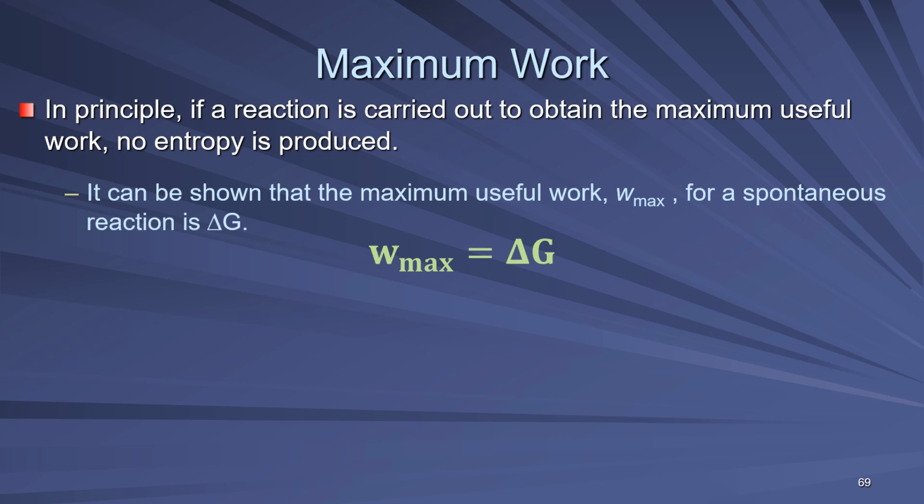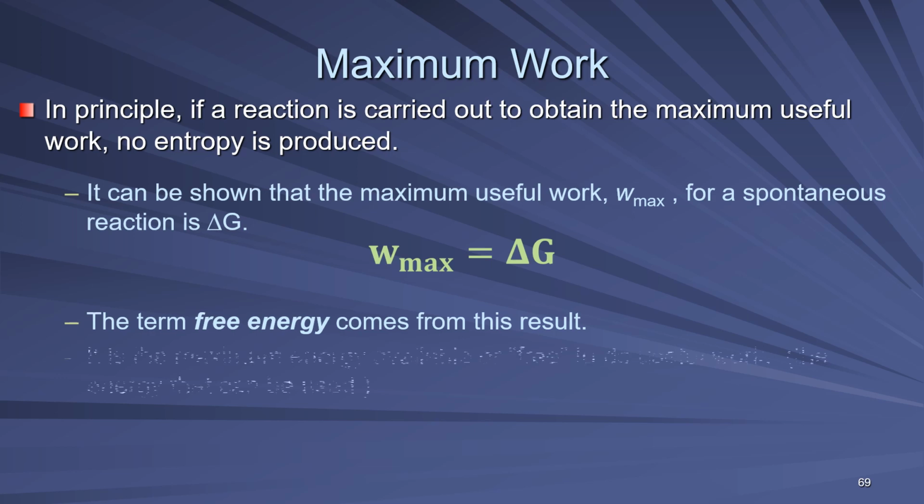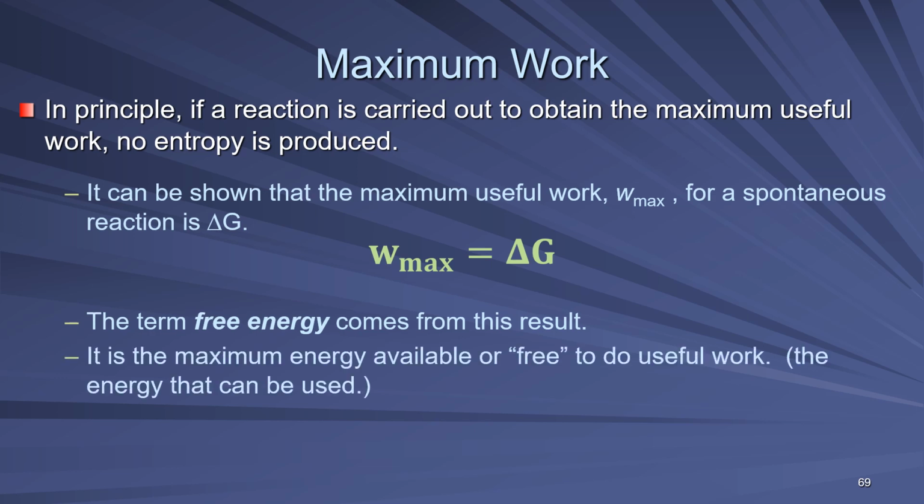So for a spontaneous reaction, the most work that we can get out is equal to delta G. And so that's where the name Gibbs free energy came from, because it's the amount of energy that is free to be used for work. So the maximum energy available or free to do useful work.